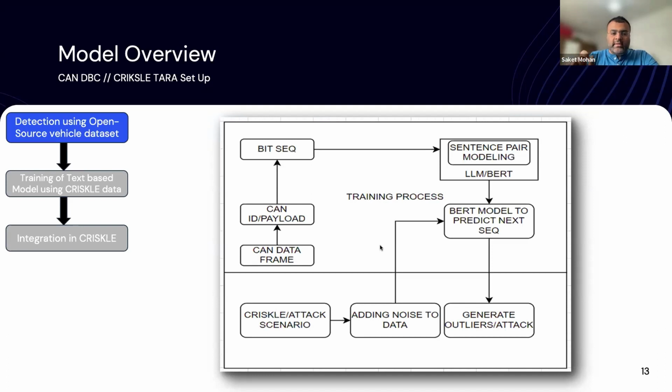But not exactly BERT; we use something called a sentence pair modeling technique, wherein IDs act as keywords, and then we predict what's the next logical keyword. A simple example: if I give you a sentence comprising several keywords like A, B, C, D, E, and I tell you to join them together logically in sequence, you will do A, B, B, C, C, D, D, E, and so on.